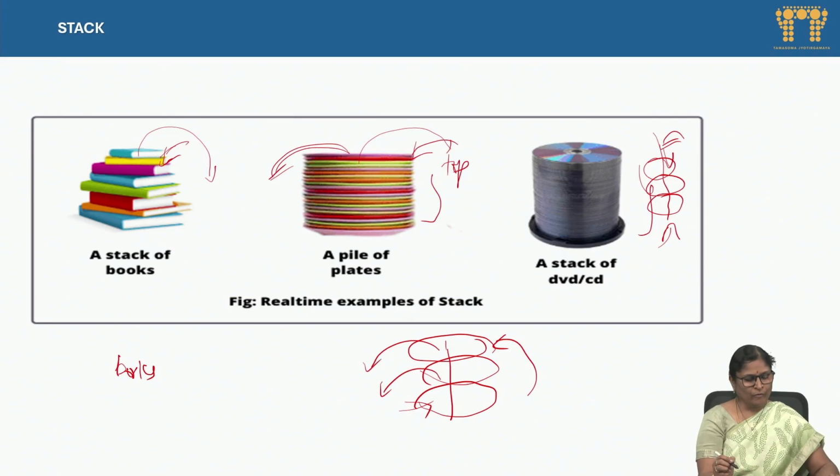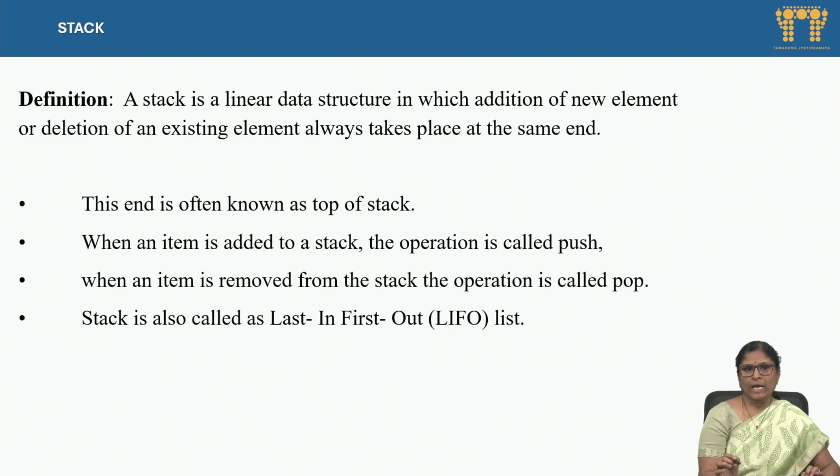So now we define what a stack is. A stack is a linear data structure where both the insertion, or addition of an element, and the deletion of an existing element always take place at the same end. Stack has only one end, and that end is called the top.